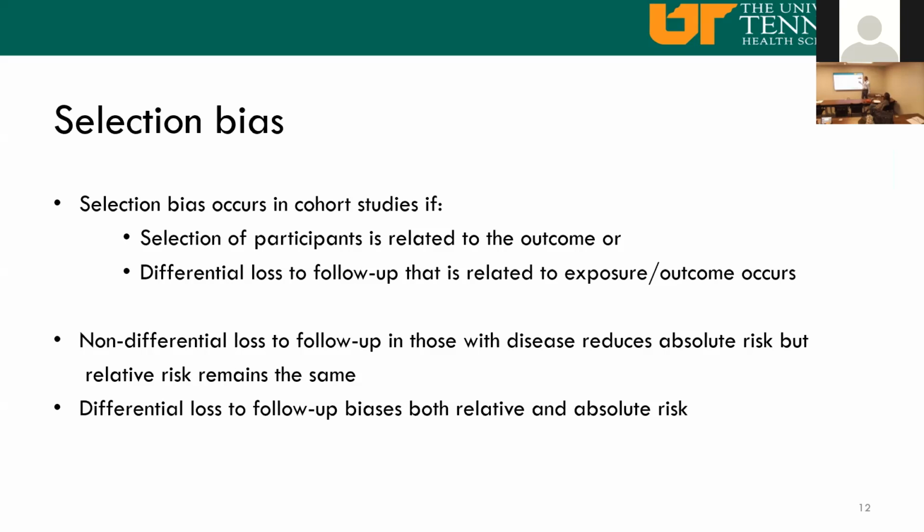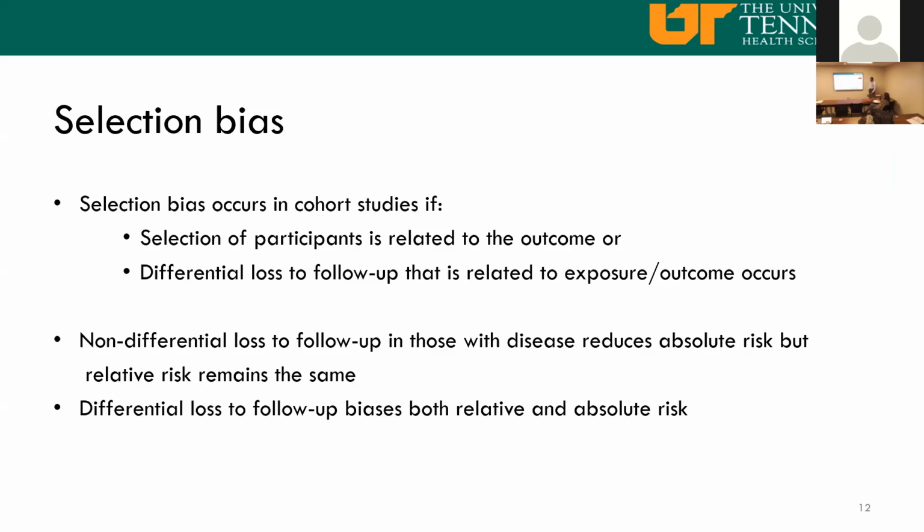If an equal number of people with disease are lost from those who are exposed as well as from non-exposed, this results in reducing the absolute risk, but does not result in a biased relative risk. But differential loss to follow-up biases both relative as well as absolute risk.